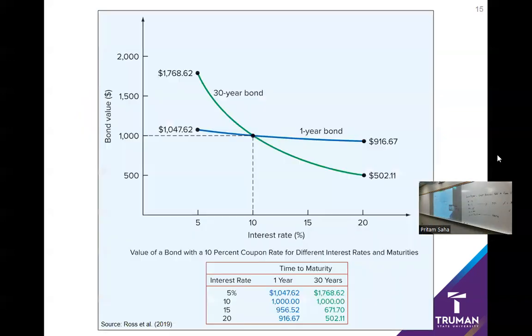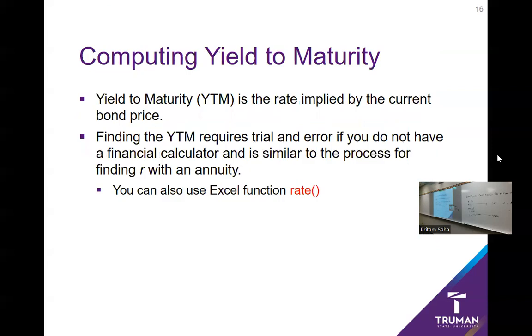Now we are moving on to how to calculate yield. Most of the time when you talk about yield, a bond has two different types of yield. One is called yield to maturity, or YTM, and the other is called current yield.